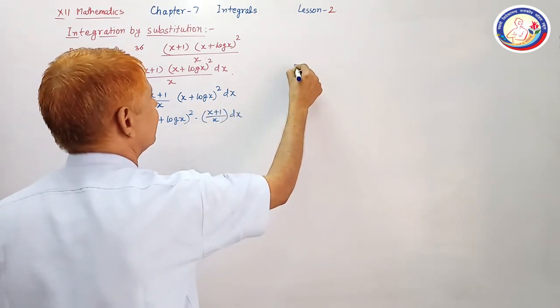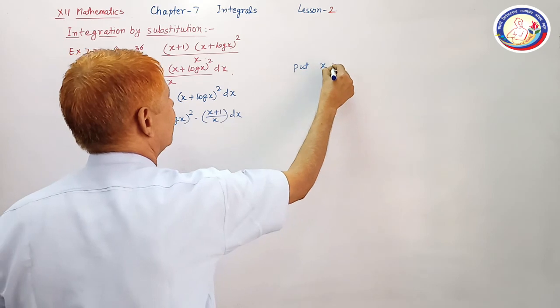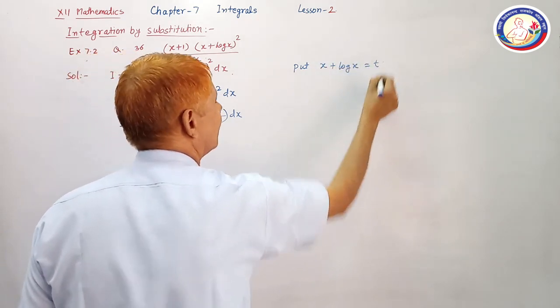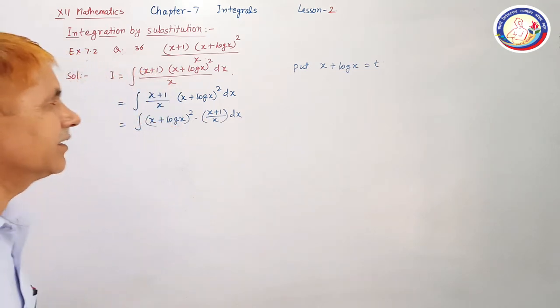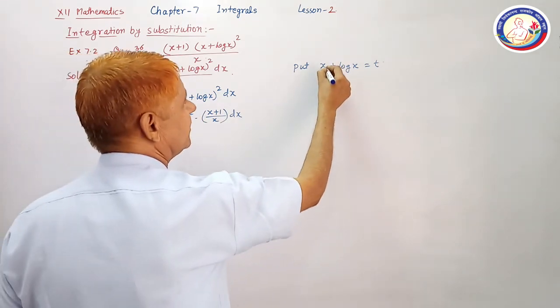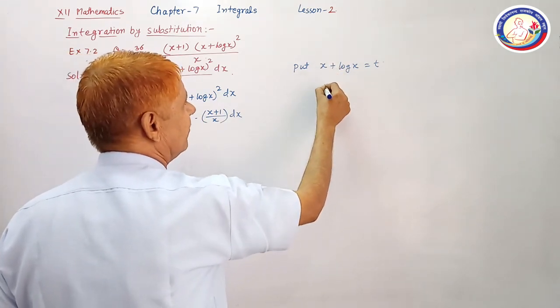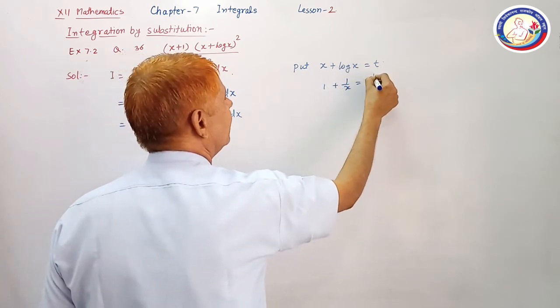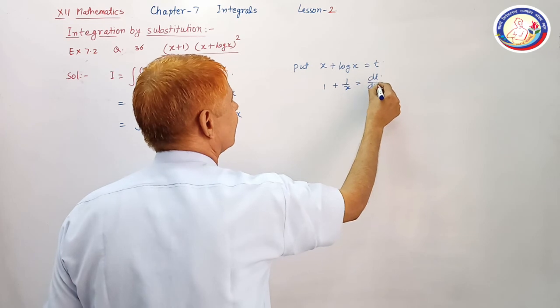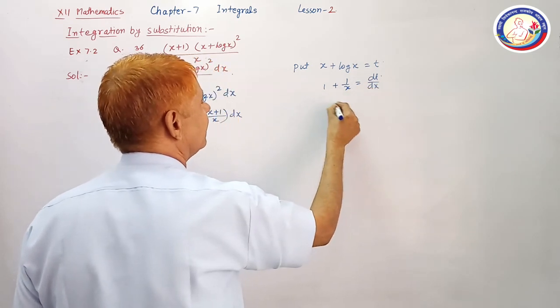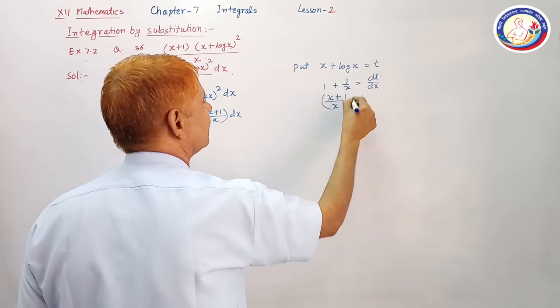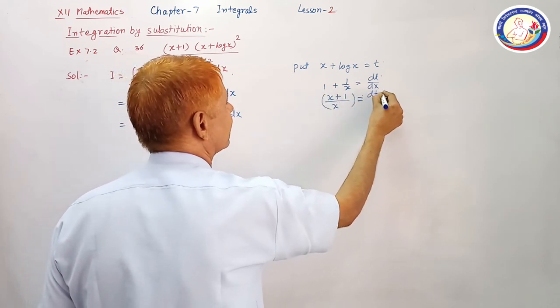Now put x plus log x equal to t. Differentiate both sides with respect to x. We will have the differentiation of x is 1 and then log x is 1 upon x and t is dt by dx. So we can write x plus 1 upon x equal to dt by dx.